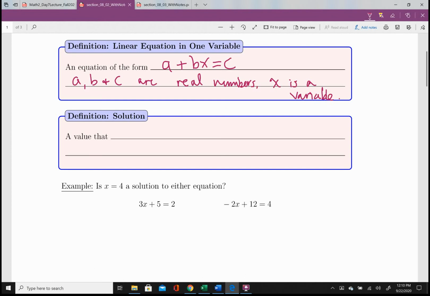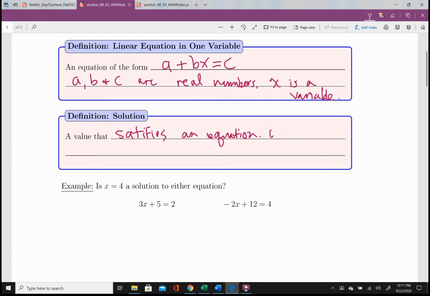So a solution is a value that satisfies an equation. How do you know if a proposed solution satisfies an equation? Well, when you plug it in and you simplify both sides of the equation, you should get the same value.